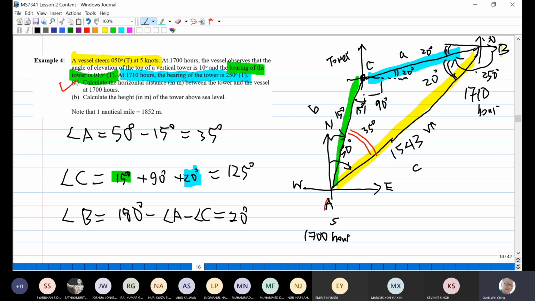Okay, angle B is 20. Okay, so I have solved the triangle already. Then I can calculate the distance between the tower and the vessel. Because I have all the angles already, there should be no issue. So let's copy this page here.